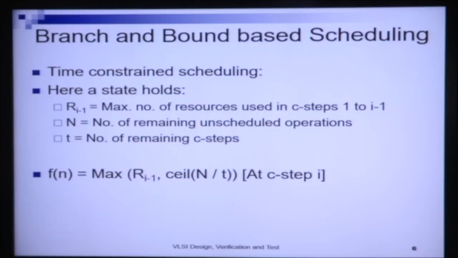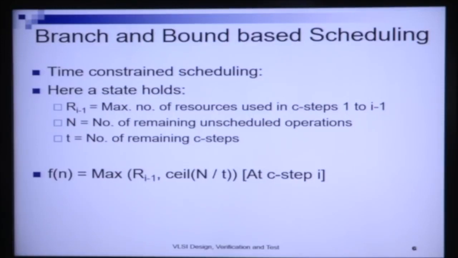Why? Because here we will no more exhaustively allocate all resources. We will no more exactly allocate all resources to all the time steps. We want to minimize resources, rather, the number of resources is not given to me. Our choices will be allocating each operation to a distinct resource.